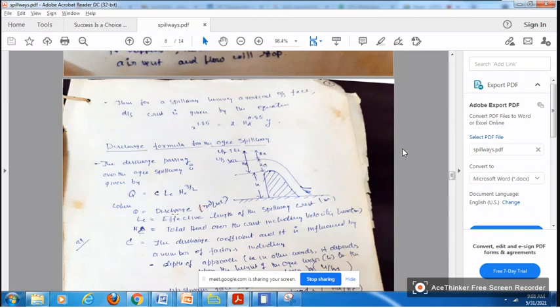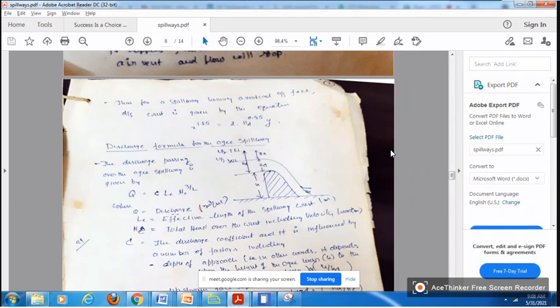Say for example, clear length is the space between the two piers, and say there are six piers. If six piers are there, how many spans are there? Five spans. Each span is, let us say, 10 meters, so the total length of the spillway is 50 meters.